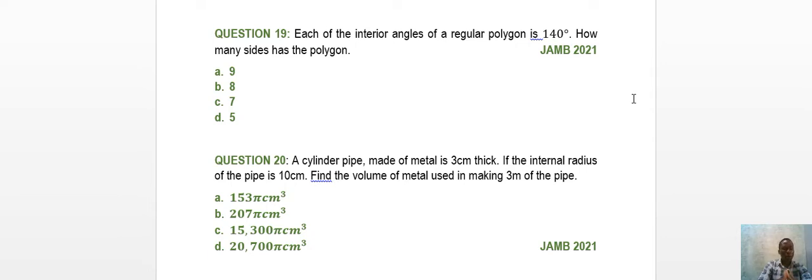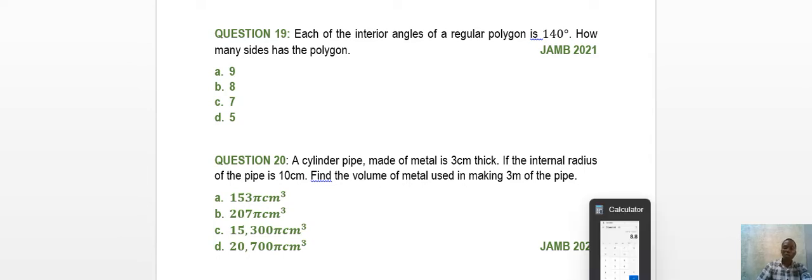A regular polygon is a polygon that has all the sides equal. Now, the number of degrees in each angle of this regular polygon with n sides has a given formula. The formula is: interior angle equals 180 into bracket n minus 2, over n. How do we know that?